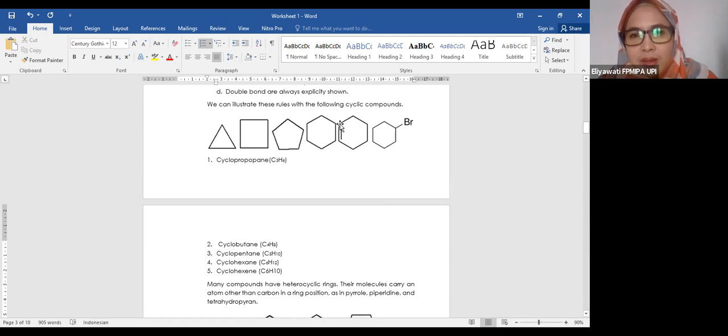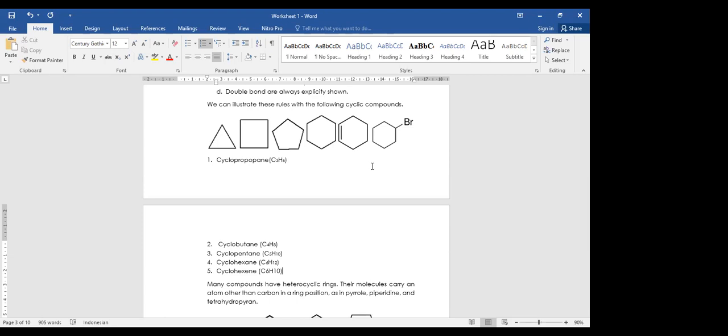This carbon atom will also bind one hydrogen atom, but another carbon atom will bind two hydrogen atoms. So please remember that a carbon atom can bind with four bonds, four groups or atoms.